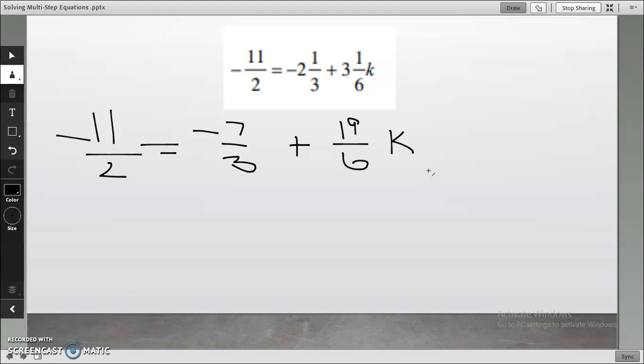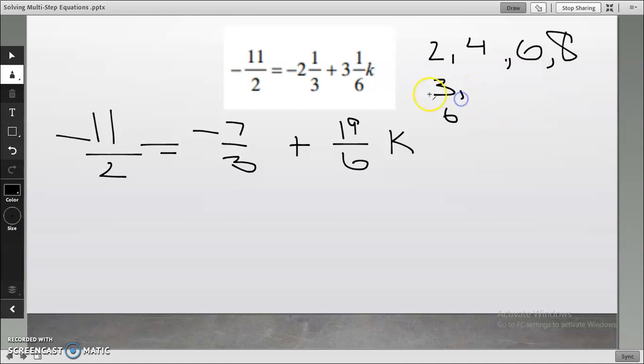So the way you get rid of fractions is you multiply by the least common denominator, or the least common multiple of your denominators. So my denominators that I have here are 2, 3, and 6. If you remember, multiples are those things that I multiply, and I want the least number, right? So multiples of 2 are 2, 4, 6, 8, and so on.